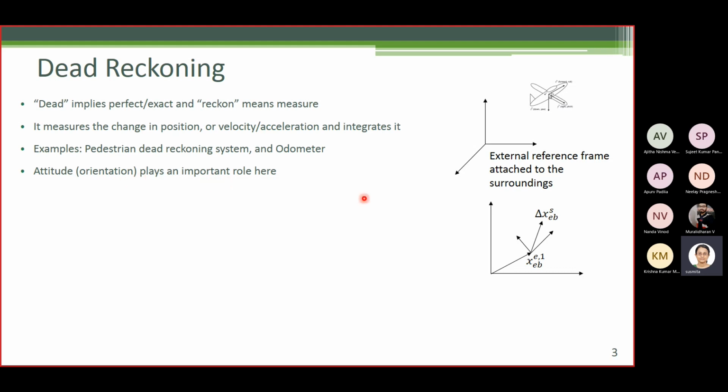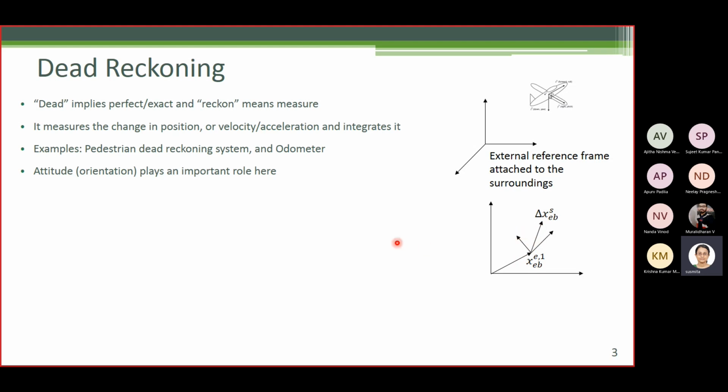Attitude plays an important role here, which is evident in this simple 2D case. So we need to add these two quantities, and we know the components of this vector only along this direction. Unless we know the orientation of this frame with respect to this one, we will not be able to add these two vectors, right?